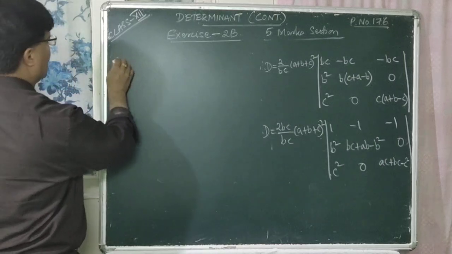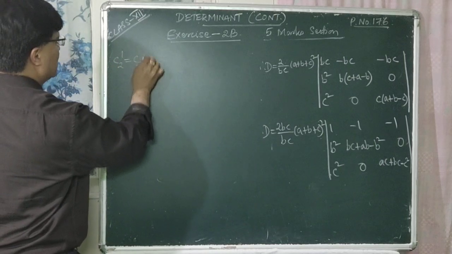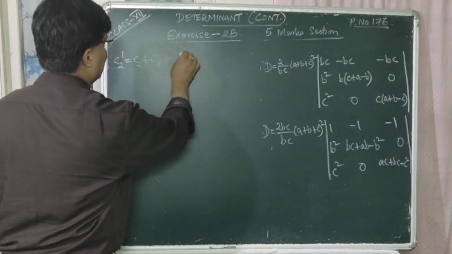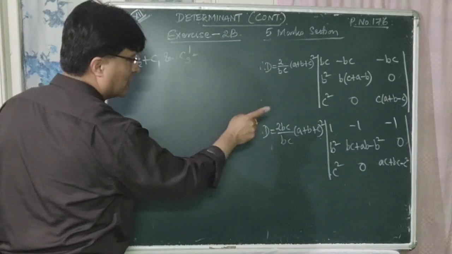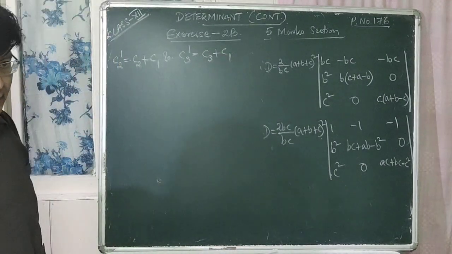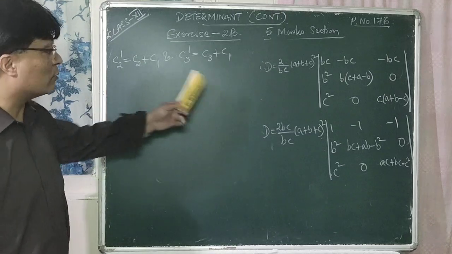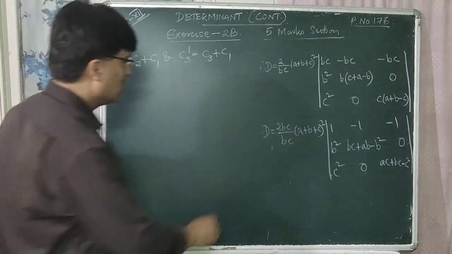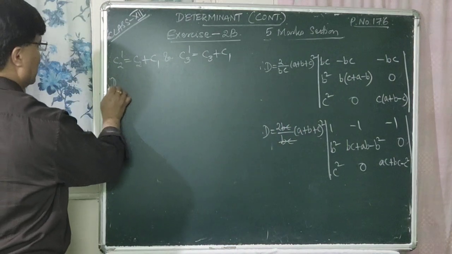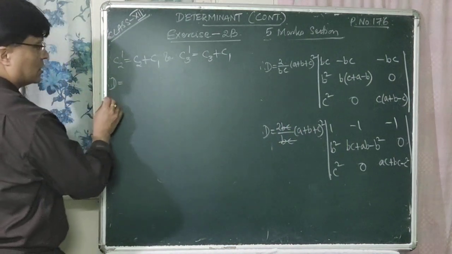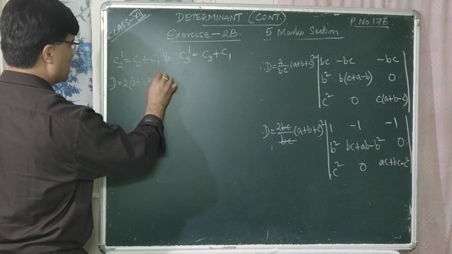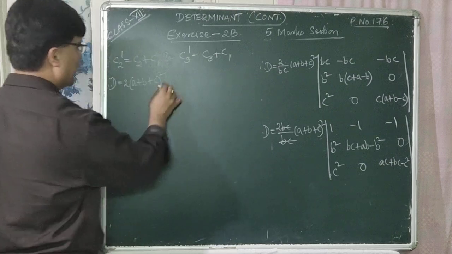So now C2 dash is equal to C2 plus C1, that is column 2 is changing, and again C3 dash is equal to C3 plus C1. C3 plus C1 will be easier, right? That means column 2 and column 3 are changing here. But here you can cancel this BC. Therefore, D is equal to twice a plus b plus c whole square, right?